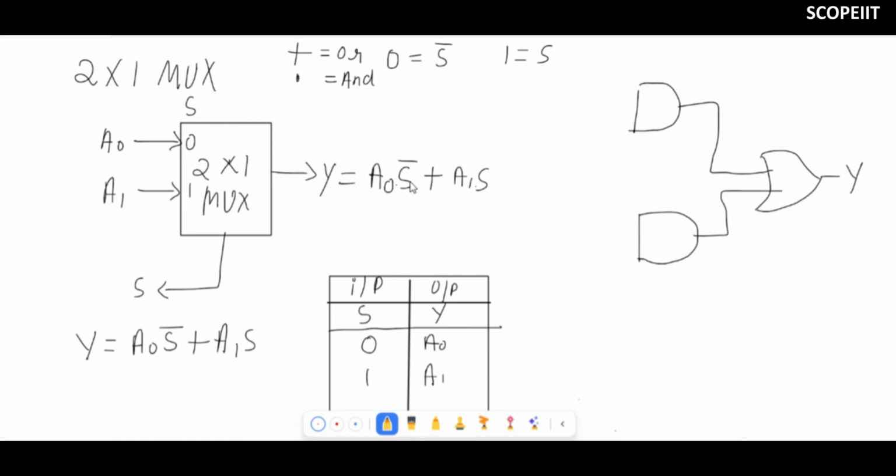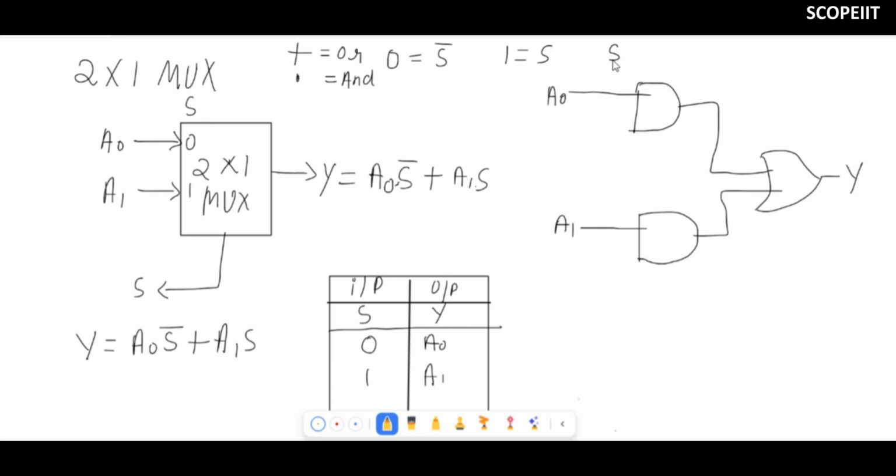Now what is the input in this AND gate? A0 S bar, and in the second AND gate A1 and S. So here I'll write S, then here A0 and here A1. First of all A0 will go in the first AND input and A1 will go in the second AND input. What is the other input in the first AND gate? That is S bar.